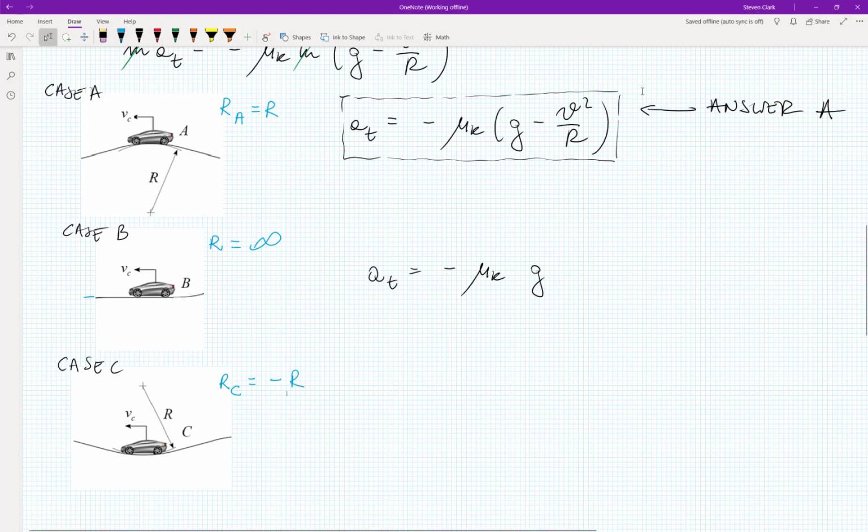So basically I just have to copy this, paste it here, and just flip that sign. Instead of minus, I should have plus in here. That's it. We solved the entire problem.